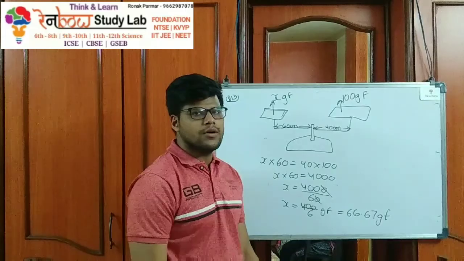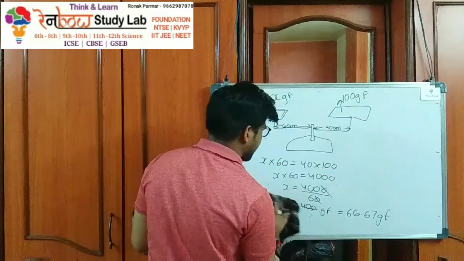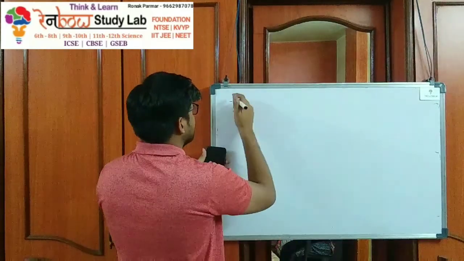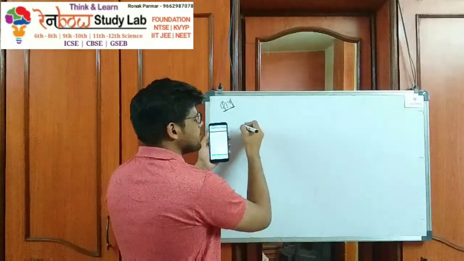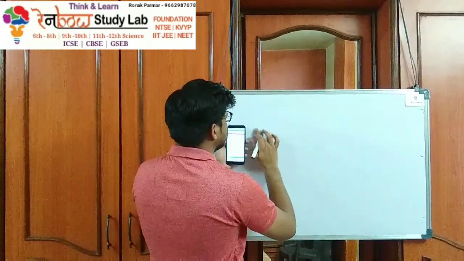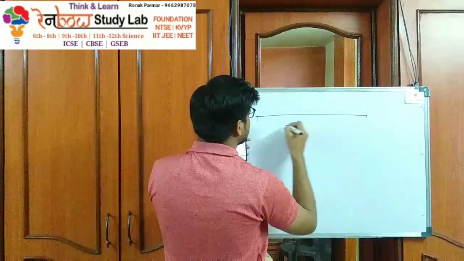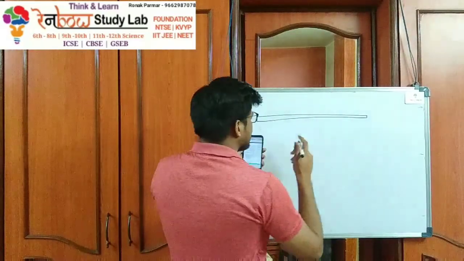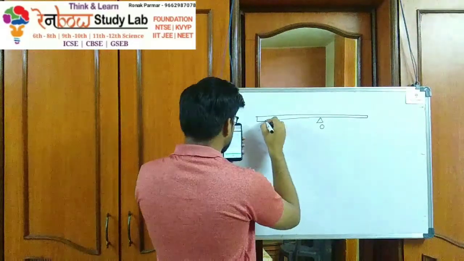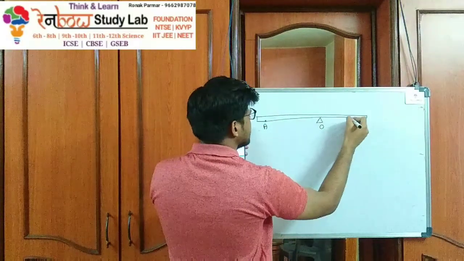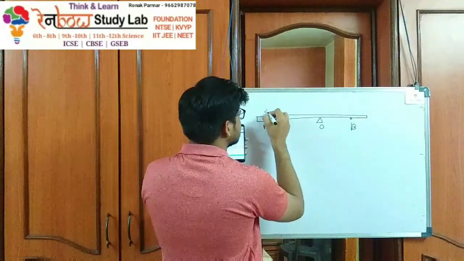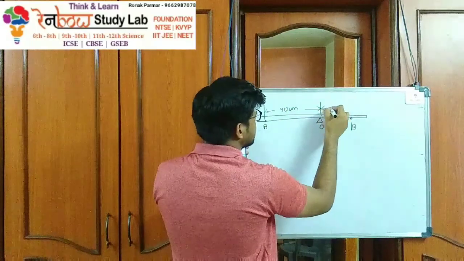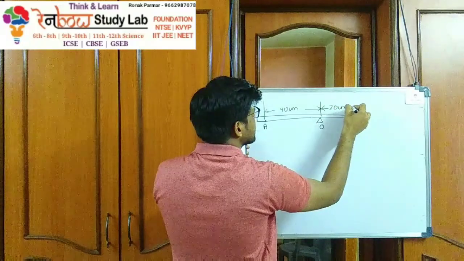This was question number 13. We'll move to 14th question. Question number 14. There is a diagram provided, a ruler, and it is pivoted at a point O. There are two other points A and B. A is at a distance of 40 centimeter and B is at a distance of 20 centimeter.